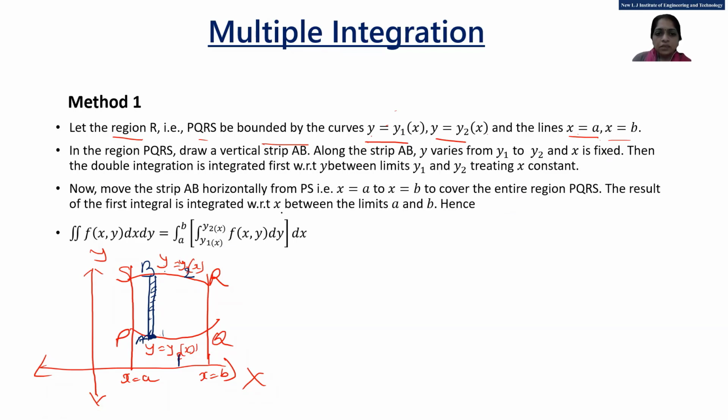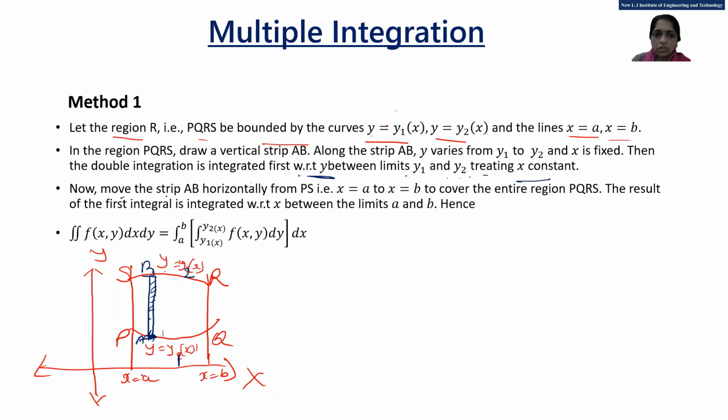Then the double integration is integrated first. Students, listen carefully. If I take this vertical strip, then first y varies from y1 to y2. At that time my x is fixed. Okay. And then the double integration is integrated first with respect to y between the limits y1 and y2, treating x constant.